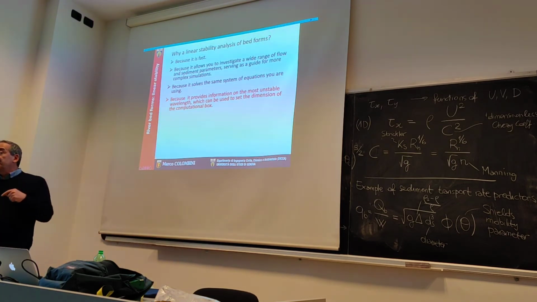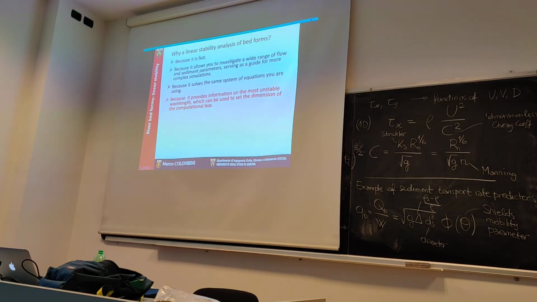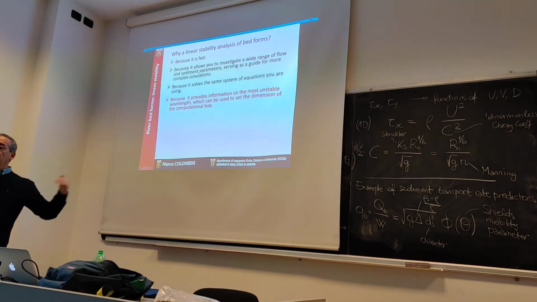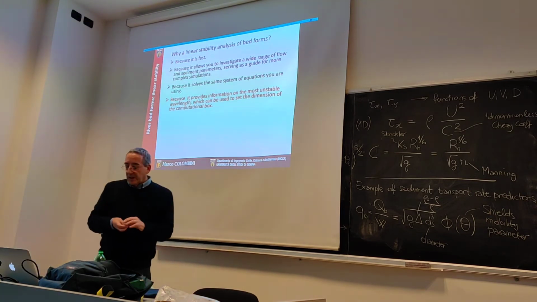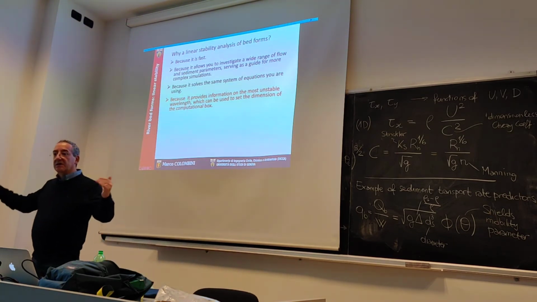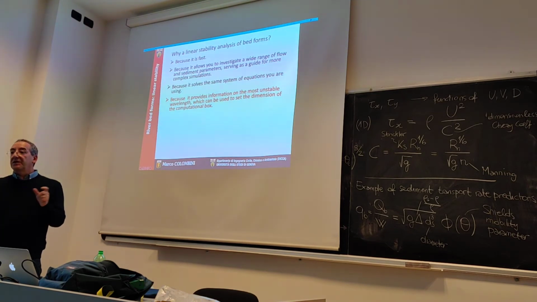Another important piece of information: I told you that you have no information on the amplitude from a linear stability analysis, but you have information on the growth rate, specifically the growth rate for any wave number of the solution, or wavelength. So you have periodic disturbances, and think of a complete range of these perturbations with different wavelengths.